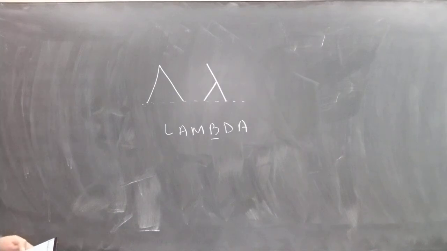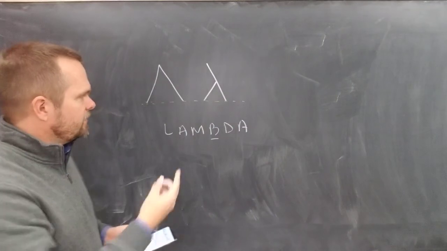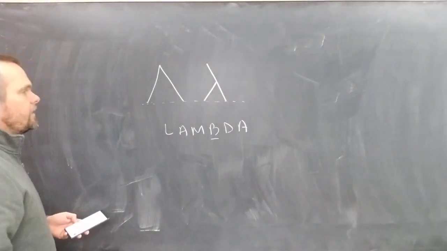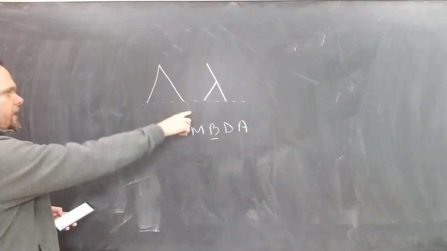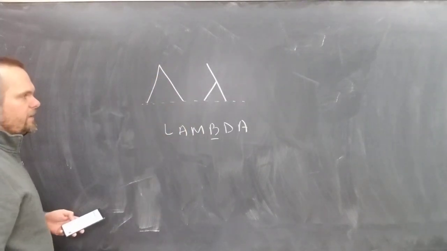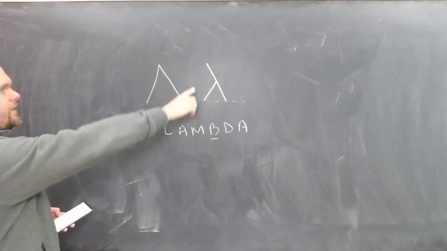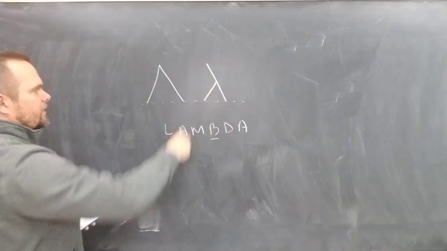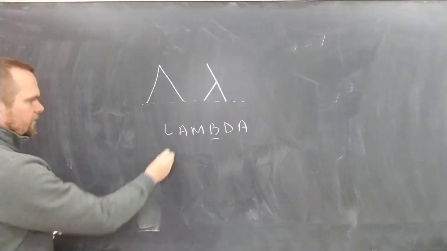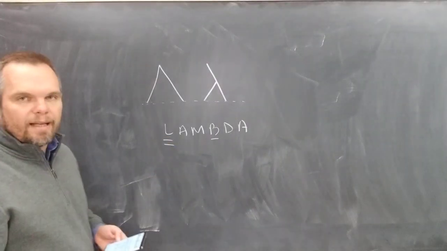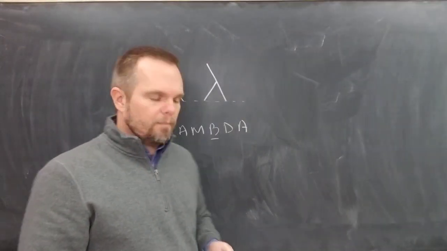Looks like that. You may see fancier script versions of the lambda, but that's the essential figure of the lowercase lambda. Uppercase is like a delta with no base. The lowercase, a diagonal line with a kickstand or leg, as it were. That's lambda. Simply makes the classical L, lambda.